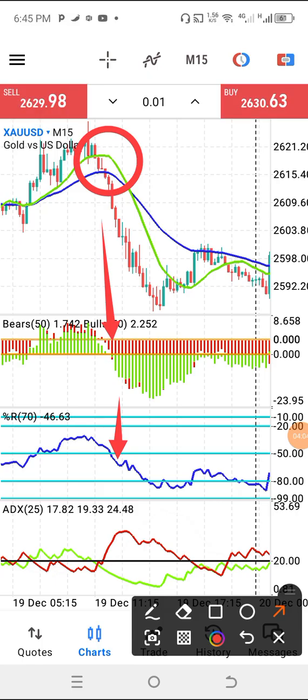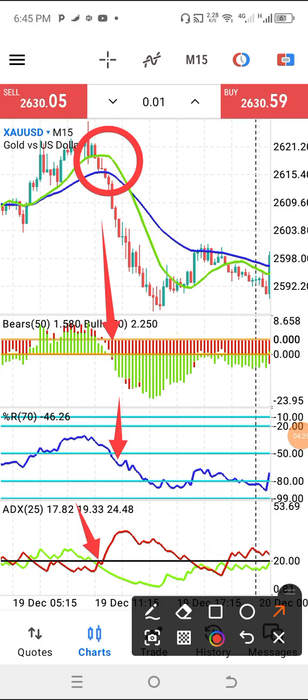Now, to finalize all this, what other requirement do you need to identify that indeed this price is dropping? It is your ADX. Your ADX will also tell you if what your first condition, which is the main chart, is saying, the second and the third is aligning.